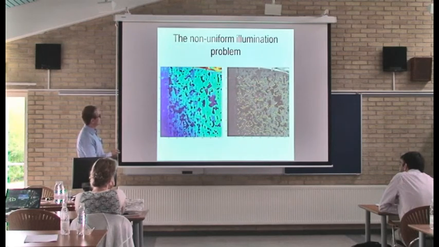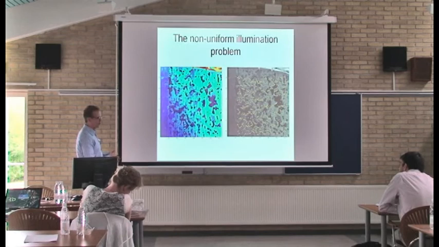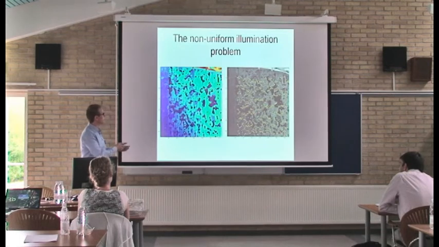You can see this here; this is the same image, color-coded in two different ways because it's a bit hard to see in grayscale. Up here you can see that the nickel phase has a higher intensity than it has down here. This is of course not very nice if you want to do automatic segmentation of each phase in this structure. So we want to correct for this intensity field in our image data.